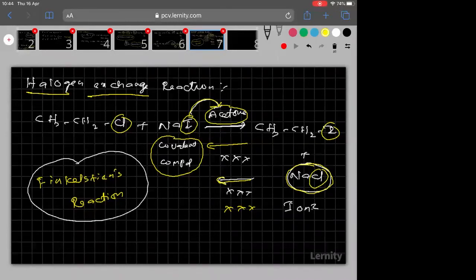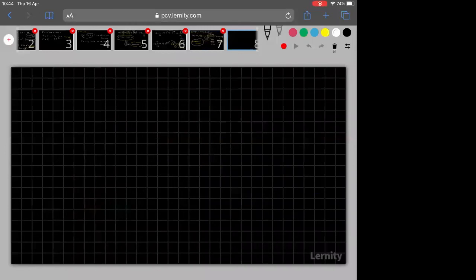Now, let us take one more important preparation method of haloalkanes. See clearly, I am writing here. This reaction is called the Schwarz reaction.